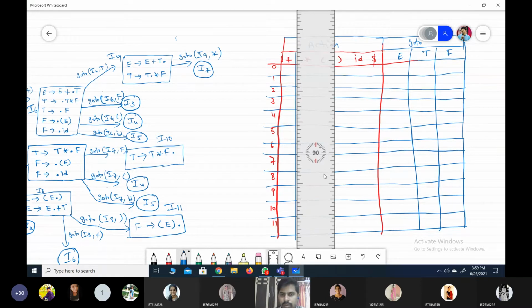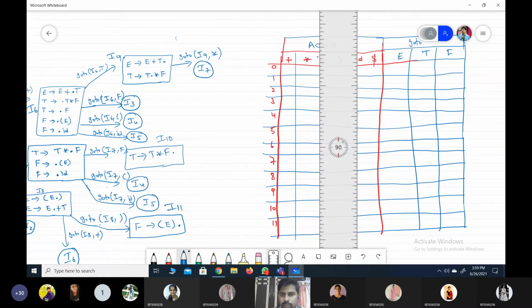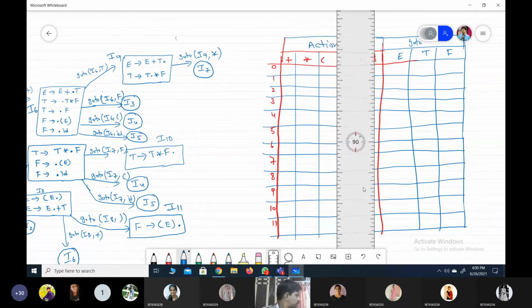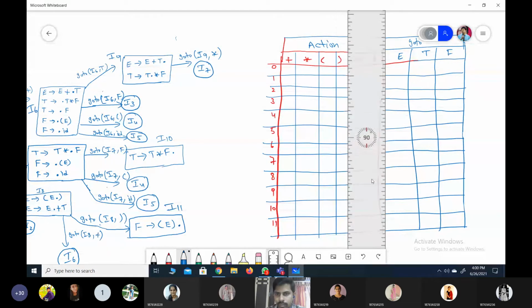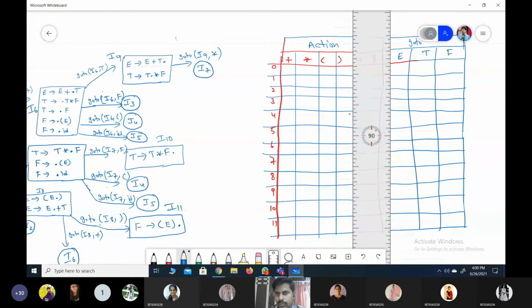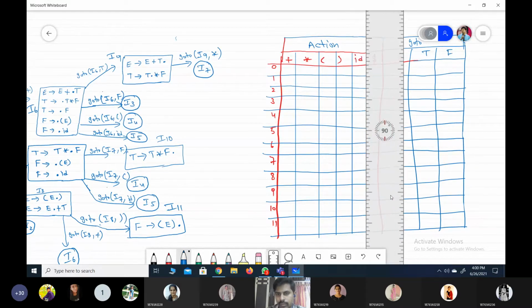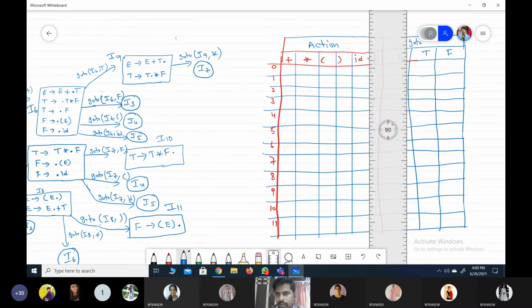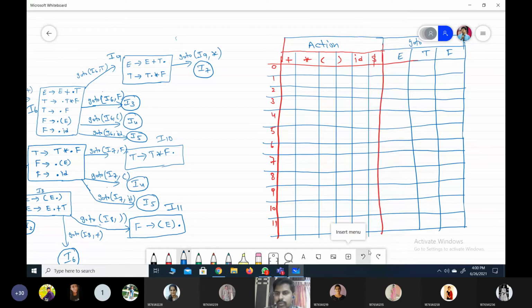Cross-check with the remaining columns. I hope the two-dimensional table is very clear to you.